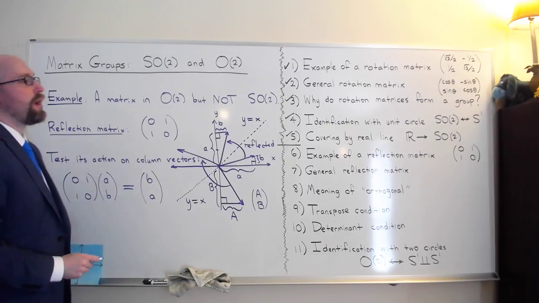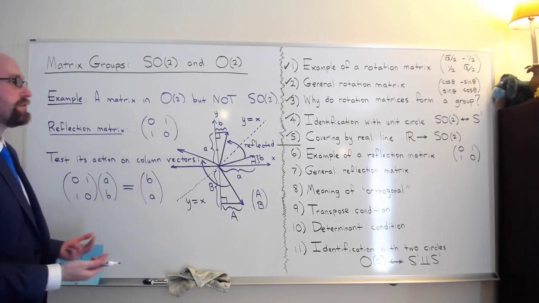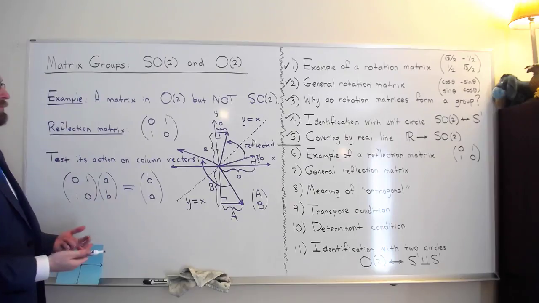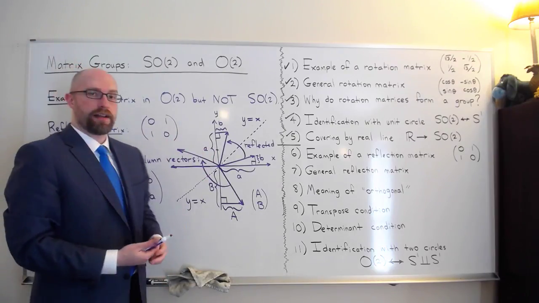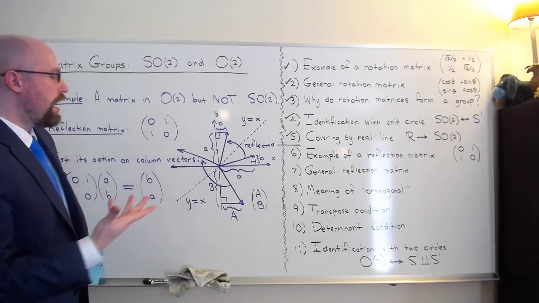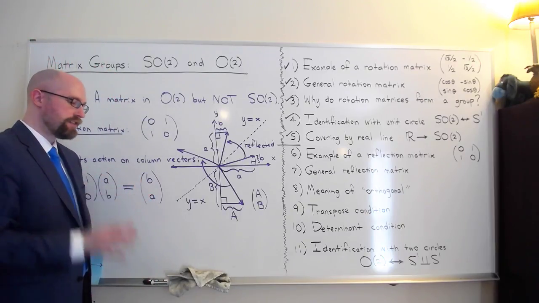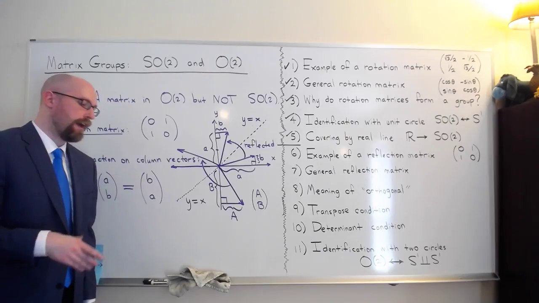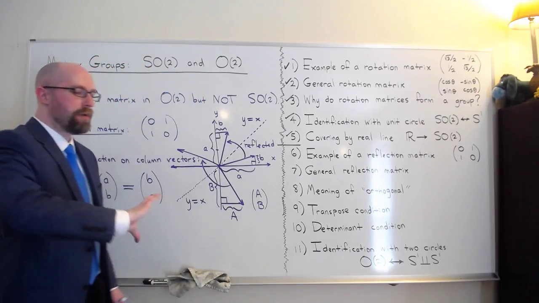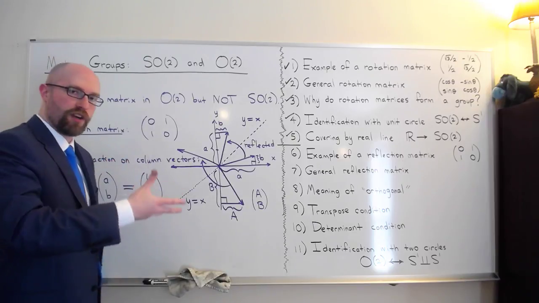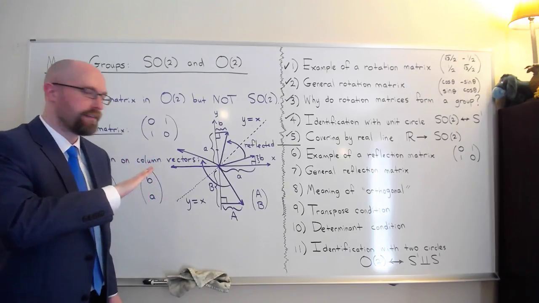Now, there are plenty of other reflection matrices, and you don't have to reflect across this line. You could reflect across any other line. You remember with the dihedral groups, how we could choose a particular line to reflect across, and we could get any other reflection by just rotating and then reflecting across that line.